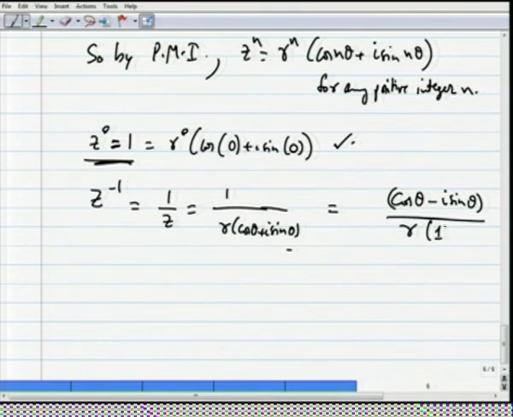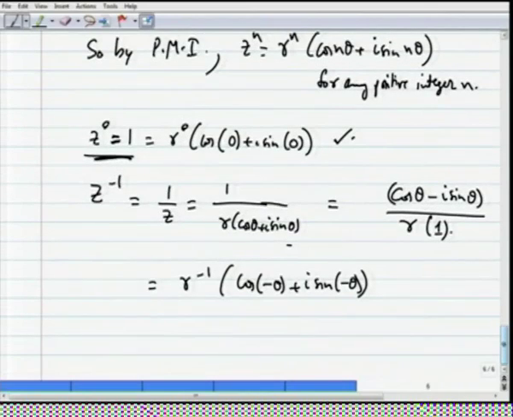So, that is times 1. So, this can be written as 1 by r, which is r^(-1) times cosine(-θ) plus i sin(-θ). So, it is true that z^(-1) likewise is r^(-1) times cosine(-1·θ) plus i sin(-1·θ).